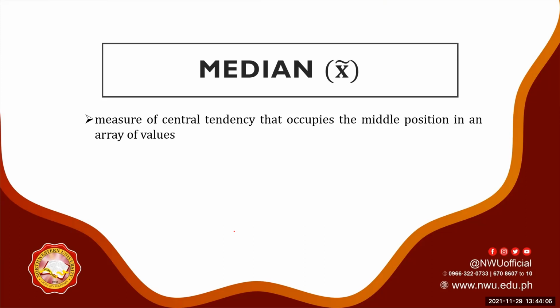Ibig sabihin, kapag meron kang values and they are arranged from the smallest value to the greatest value, or in increasing order, the number in the middle position would be the median. Now, magkaiba yung pagkuha ng median if the total number of items ay odd or even.